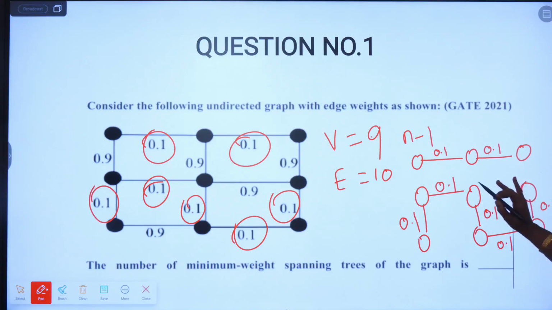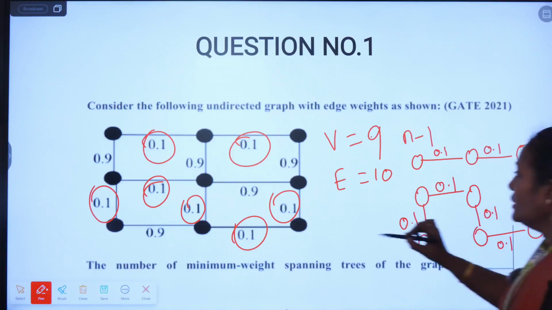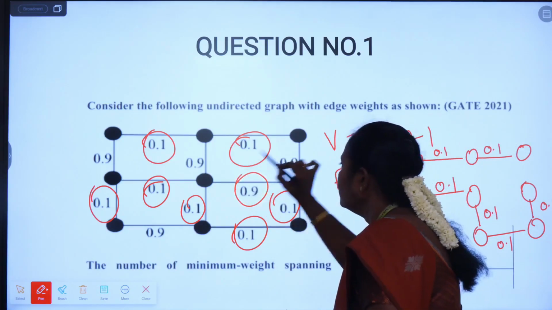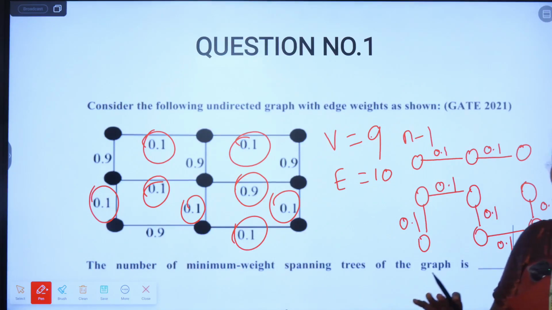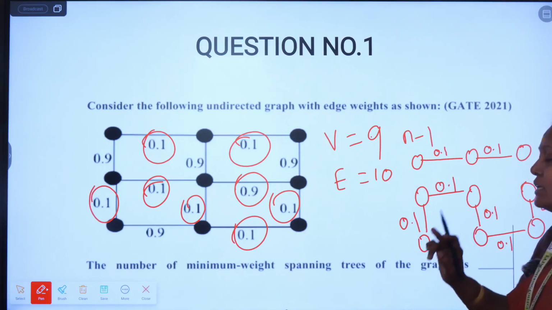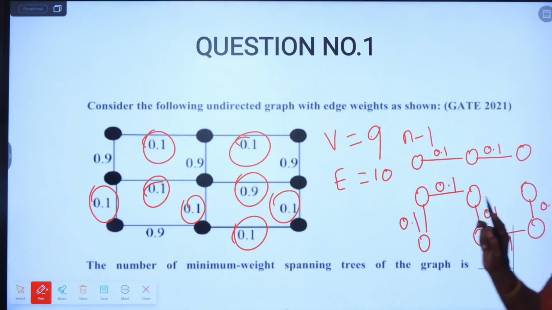We have taken all the minimum weight edges, that is 0.1. Next, we are going to consider this 0.9. One condition you should remember is that the cycle should not be closed here.